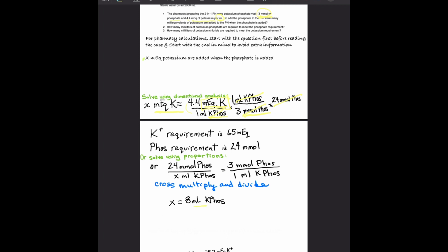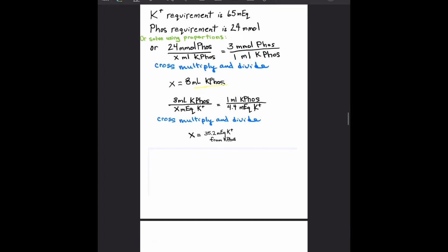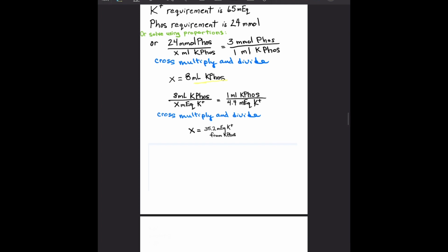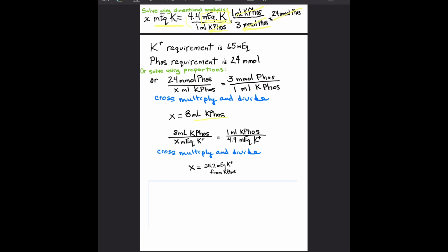Instead, I use two proportions. The answer that I got from the first proportion is 8 milliliters of K-phos. I'll rewrite it down here. In every 8 milliliters of K-phos, how many milliequivalents of potassium are there?